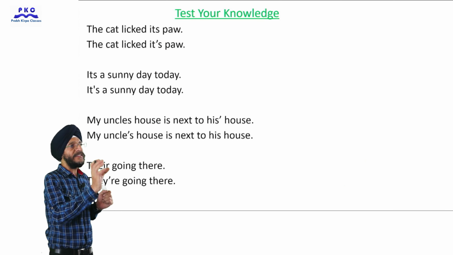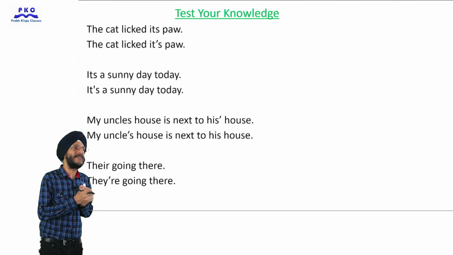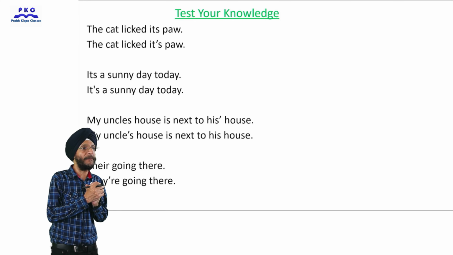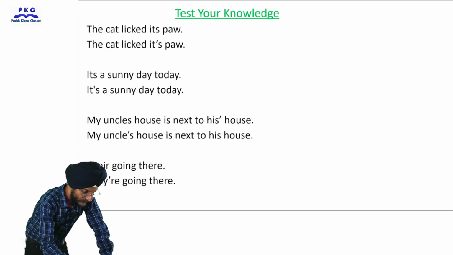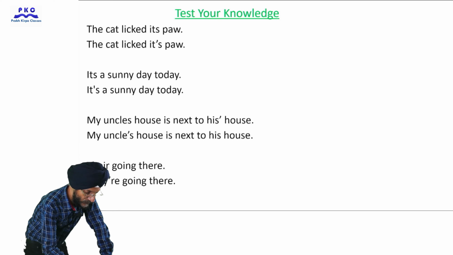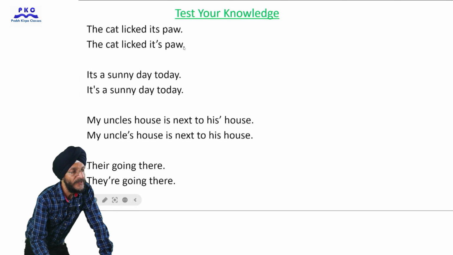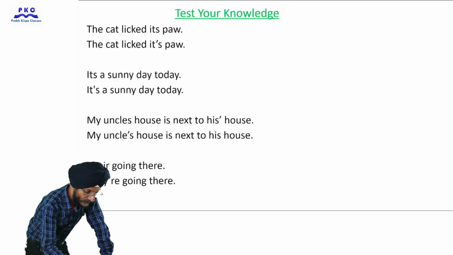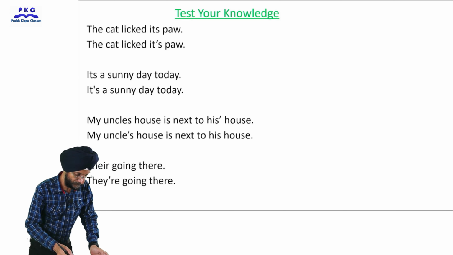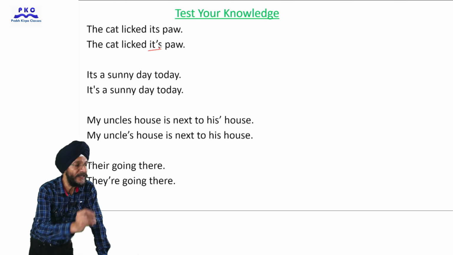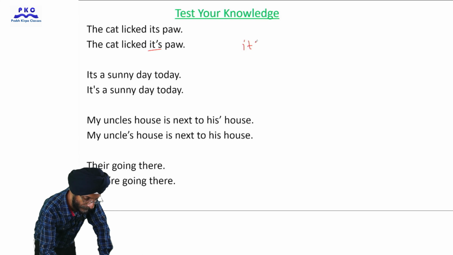Now we will test our knowledge to understand how far we have been able to understand the usage of apostrophes. Here we have two options before us: the cat licked its paw, or the cat licked it's paw. Here we have used an apostrophe. In the second sentence, it has been written as it apostrophe s.